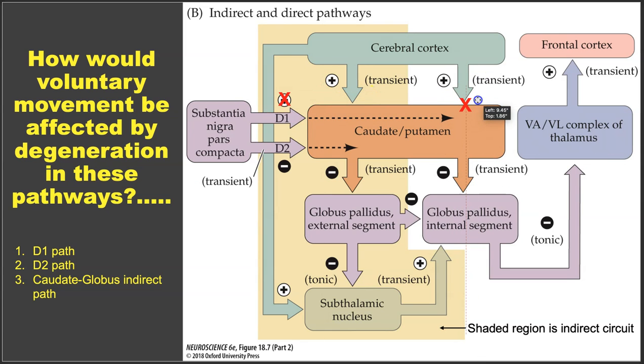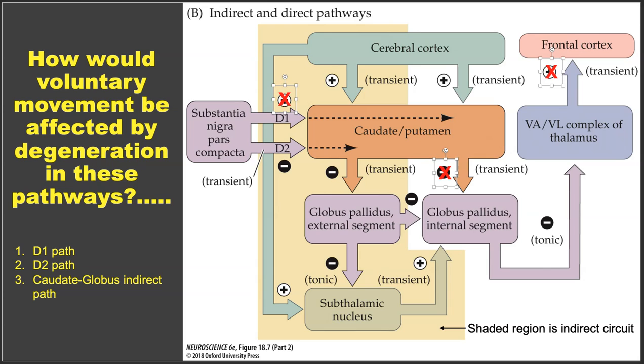So if that is no longer excitatory, that means these neurons will no longer be active. If those are no longer active, that means that they no longer are providing any inhibition for these internal segment neurons. So they're going to be able to inhibit the VA/VL complex, and that is going to prevent the activation of the voluntary movement. So if we get rid of the D1 pathway, we get rid of the voluntary movements, or at least we decrease them.